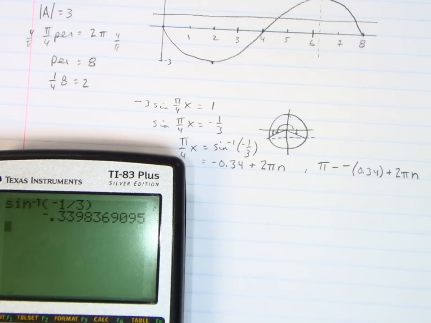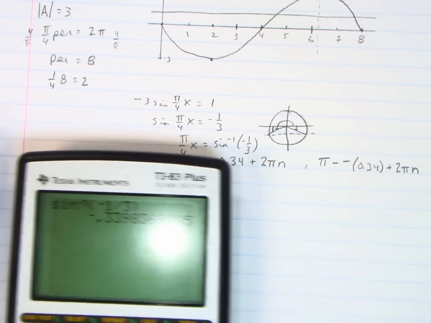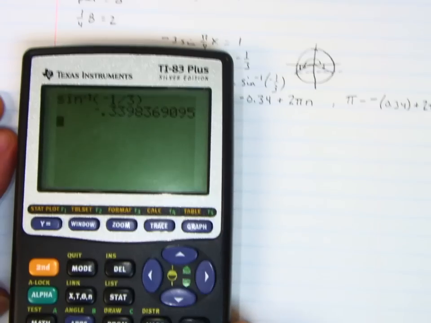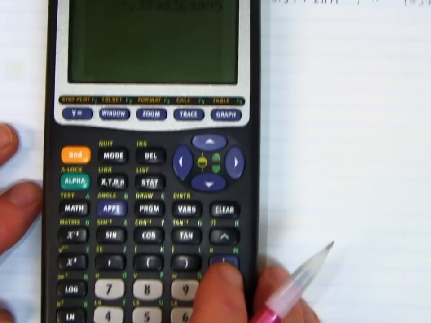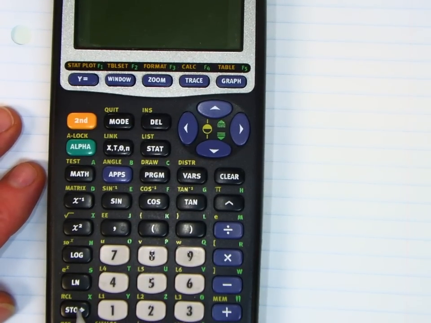Now, just for safekeeping, I'd like to store this number in my calculator. The way you do the store is at the bottom of your calculator, there's this button STO.